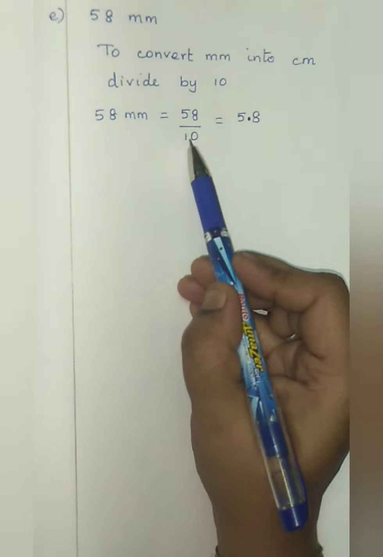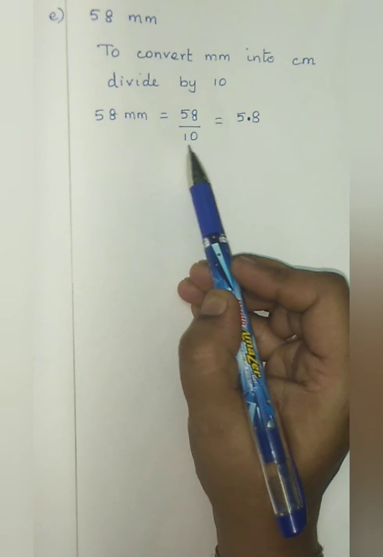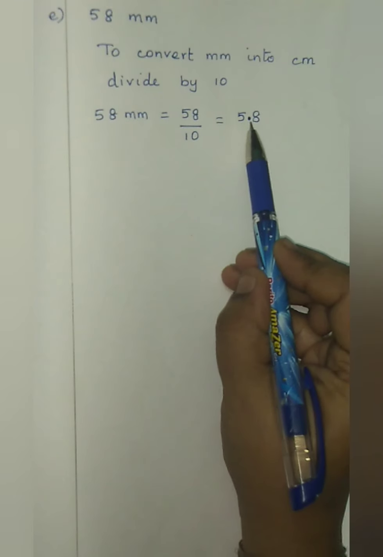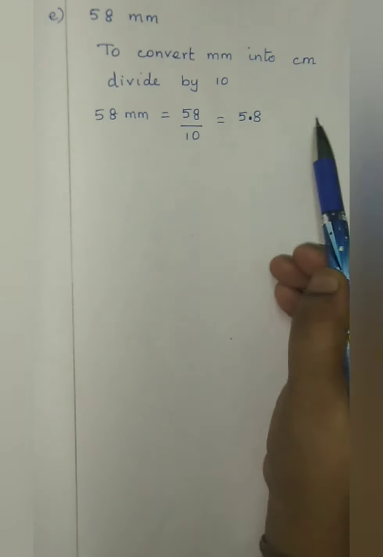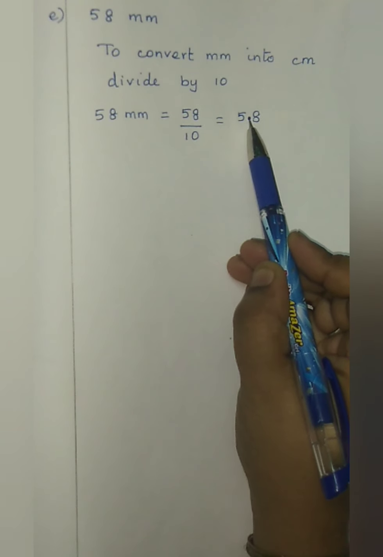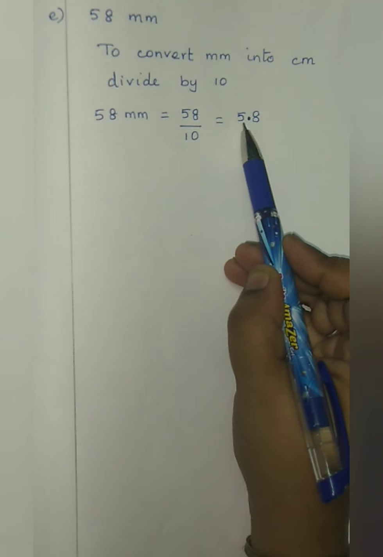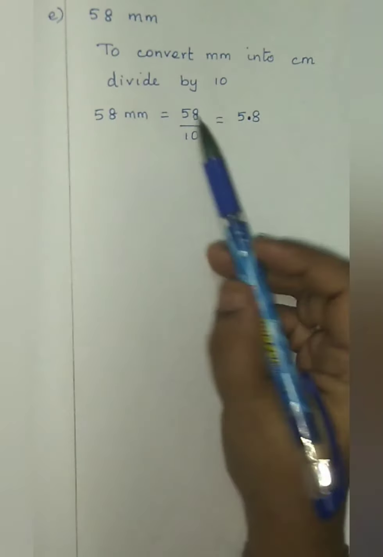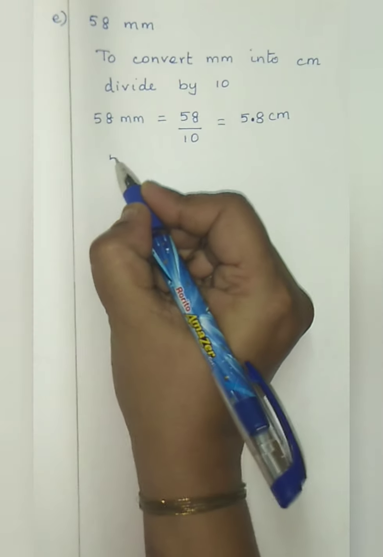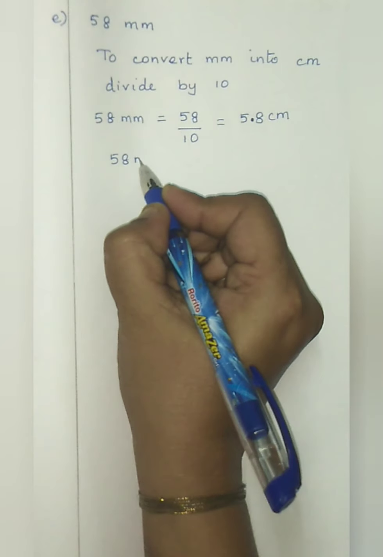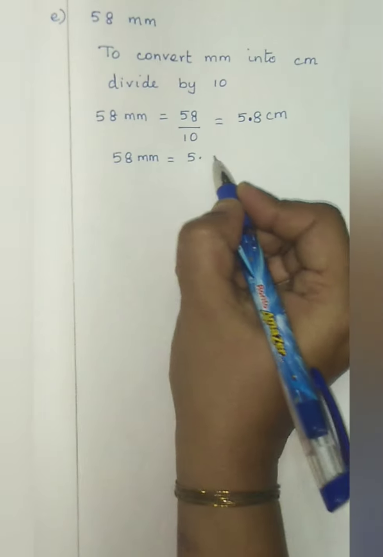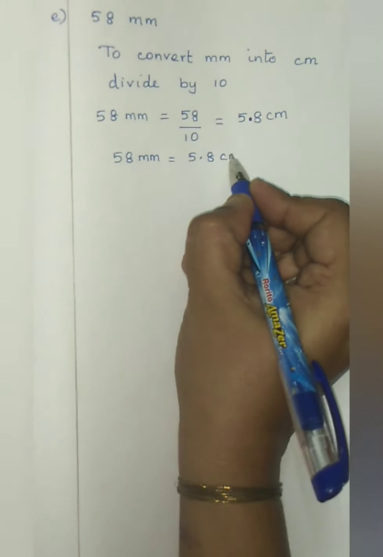So in 58, from the right side you leave one digit and keep the decimal point. Now the answer is 5.8. Change the unit to centimeter. So 58 millimeter is equal to 5.8 centimeter.